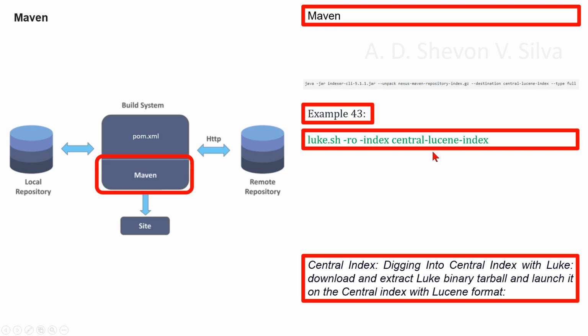First, download central index nexus maven repository index.gz, download maven index CLI, and unpack the index to a raw Lucene index directory. Download and extract the binary tarball and launch it on the central index with Lucene format.